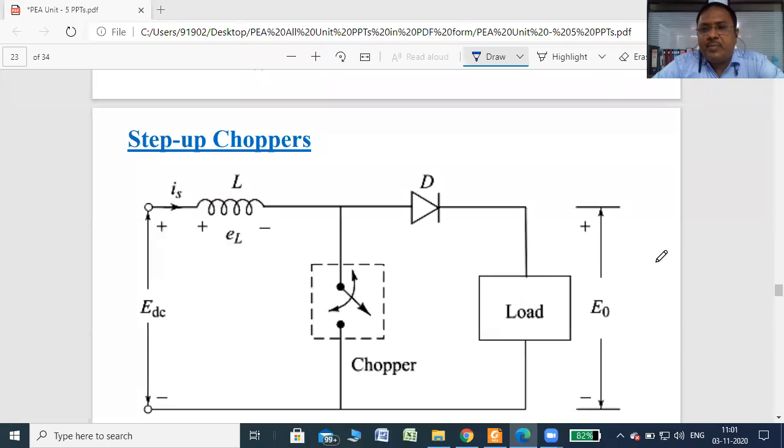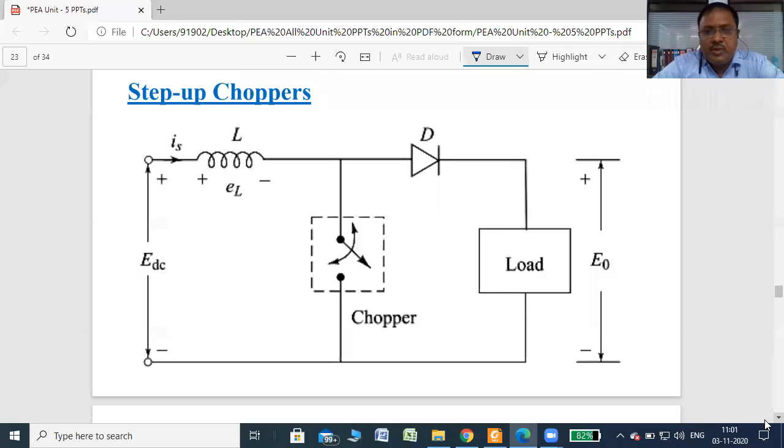When chopper is on, sorry, no problem. Chopper is on. The switch itself is called a chopper. So no problem. When chopper is on, current passes from EDC, then through the switch and back to the EDC, right?